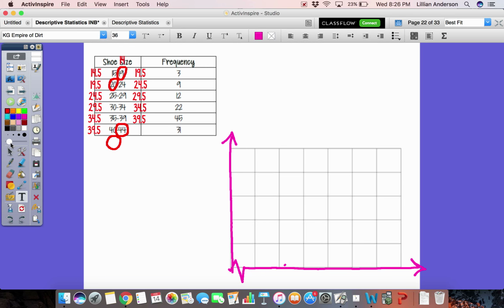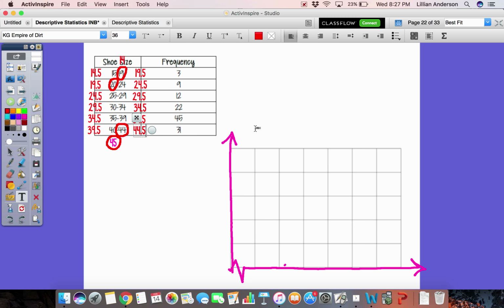Now that value, as we know, would be 45. And so the halfway point between 45 and 44 would be 44.5, okay? So these are going to be where we plot our bars, all right?